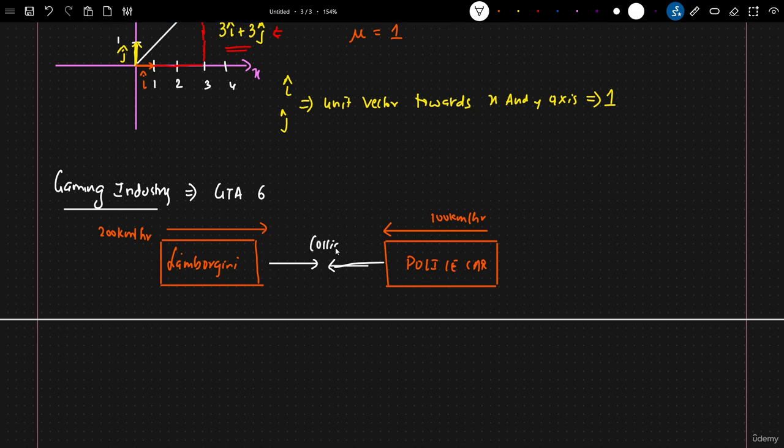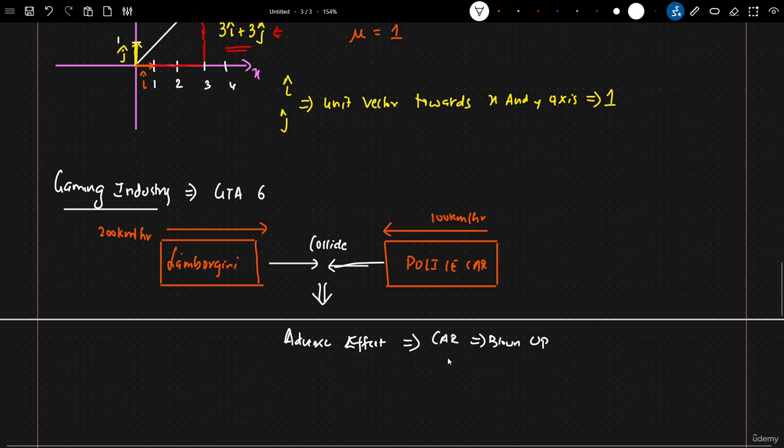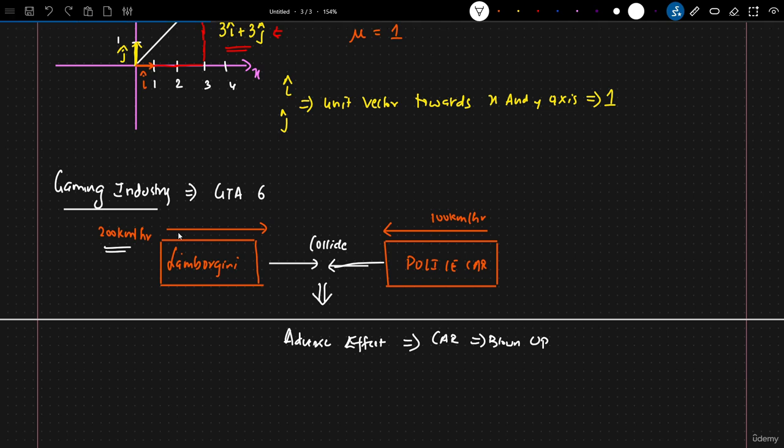But once it does collide, there will be a lot of adverse effects. What kind of effects? The car will get blown up, it'll catch fire, it'll rotate 100 times and fall into some building or anywhere. This kind of adverse outcome is derived from these vectors, and these are the units that are responsible. Just imagine that you're writing a condition: when a car at 100 or 200 kilometers per hour is colliding, some effects should happen, and the animation changes.